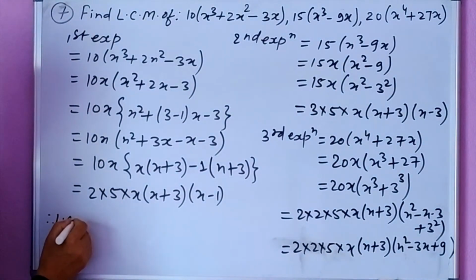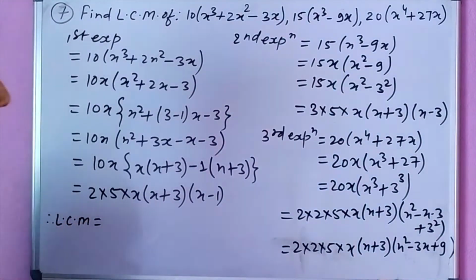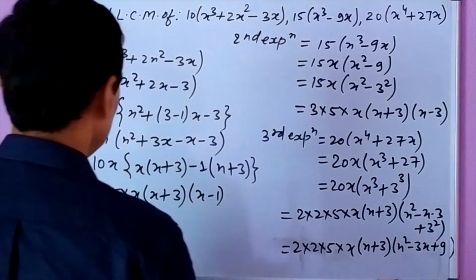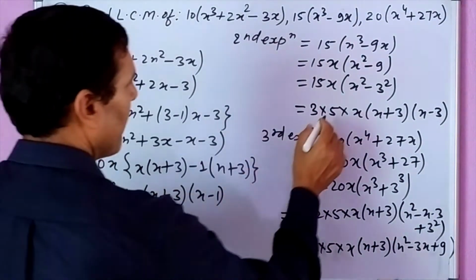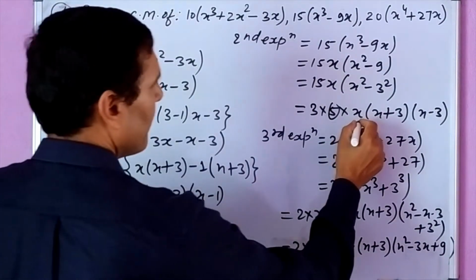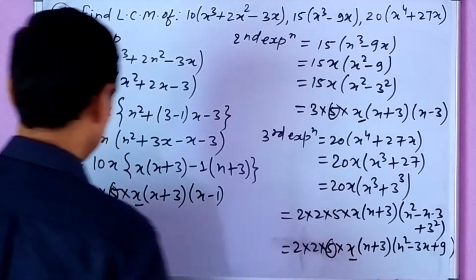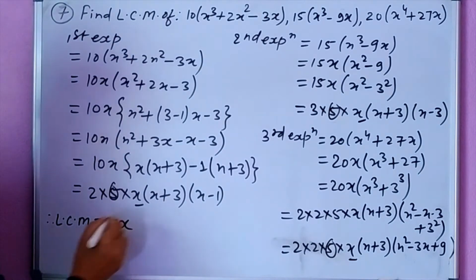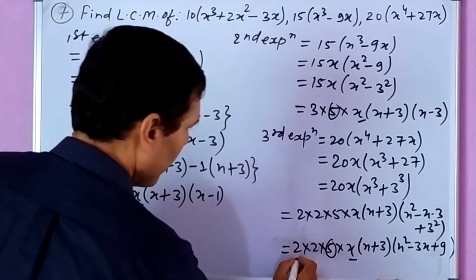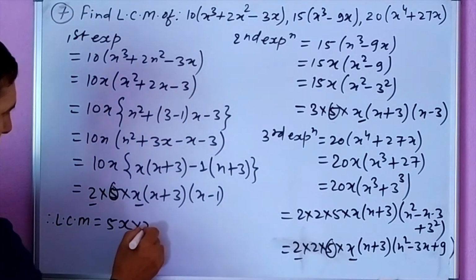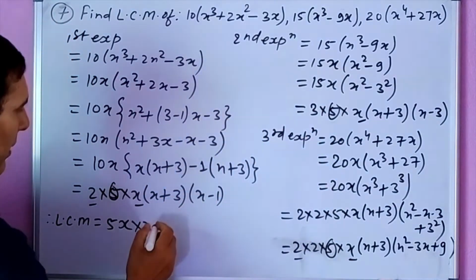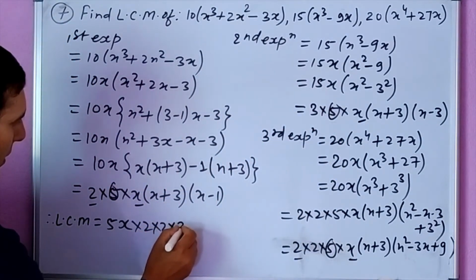Therefore, LCM is equal to, first we find the common factors in all three expressions. Is there any? Yes, we can see this 5 outside of the bracket everywhere, and x also. 5x common in all three expressions, and 2 common can be taken from these two. 2 is remaining here, 3 is remaining there, 2 into 3.